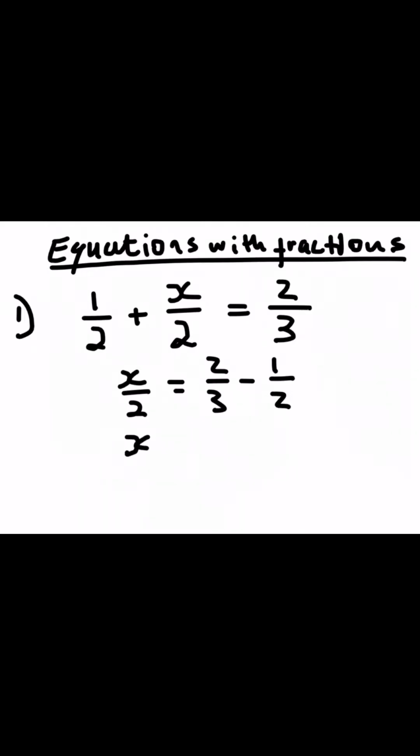So that means you have your x over 2 there being equal to, then you say 2 over 3 on your calculator minus 1 over 2. What do you get? So you end up getting negative 34 over 3.